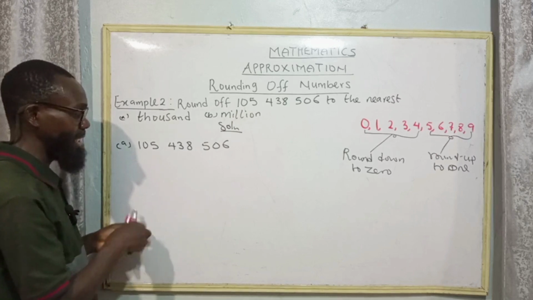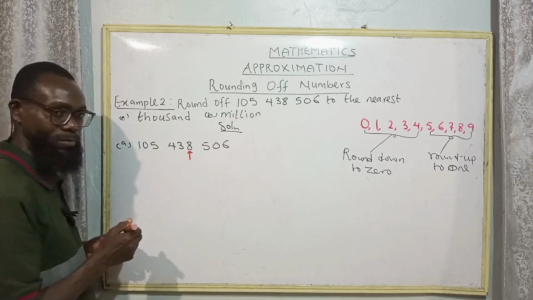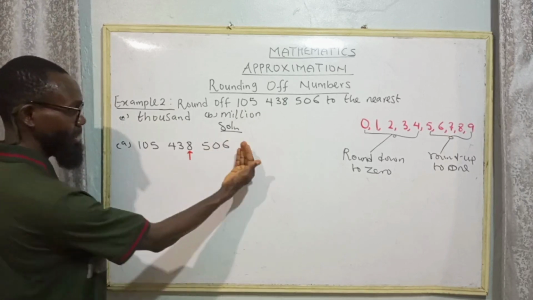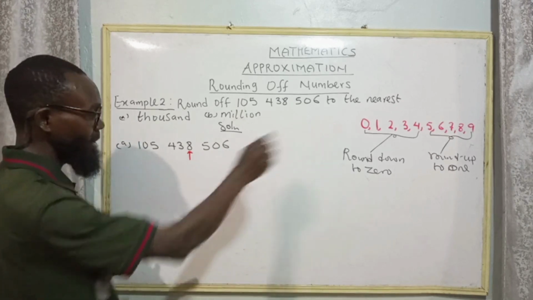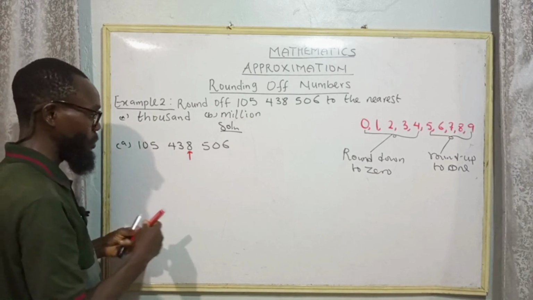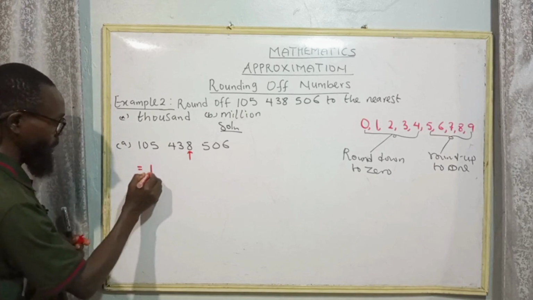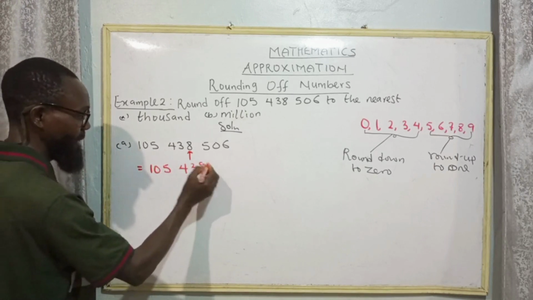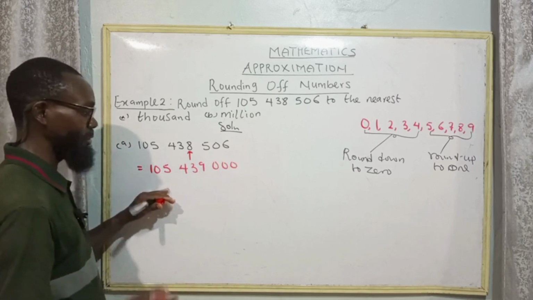So this 8 has the place value of 1000. Now we check the first digit to the right, which is 5. Between 5 to 9, you round up to 1. Add the 1 to this 8, making 9. So our answer becomes 105,439,000. This is to the nearest 1000.